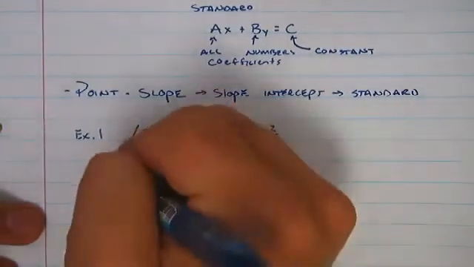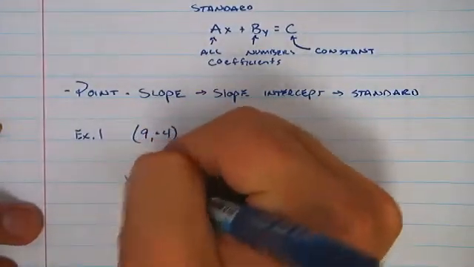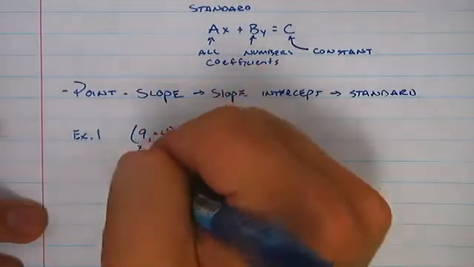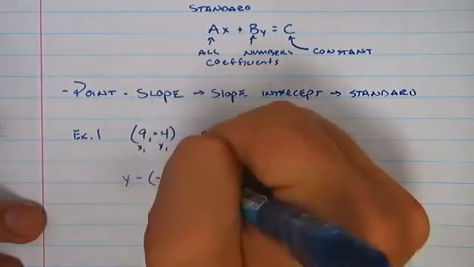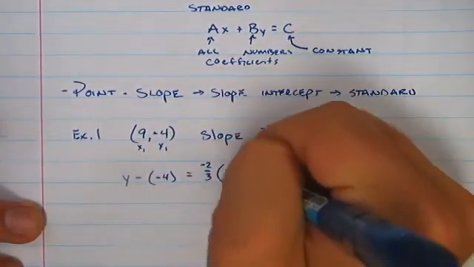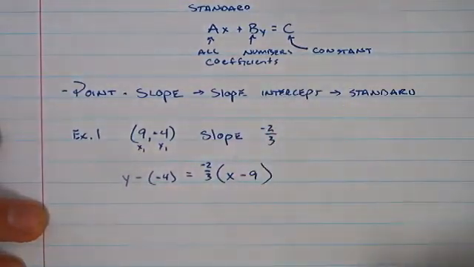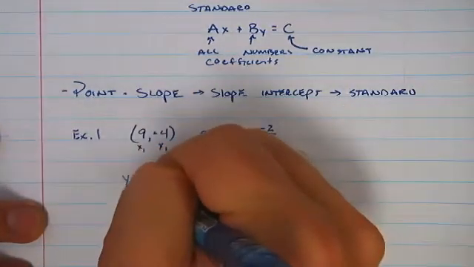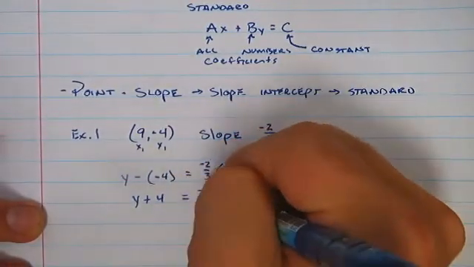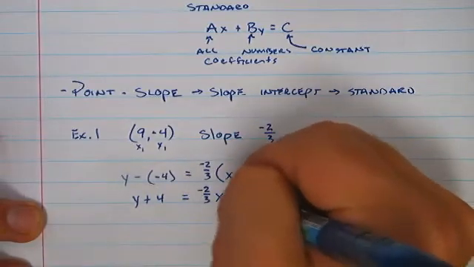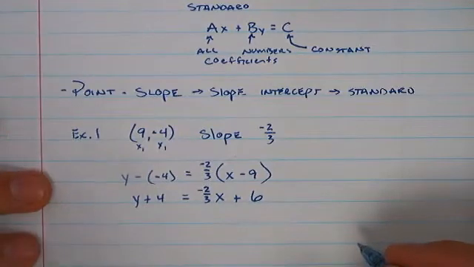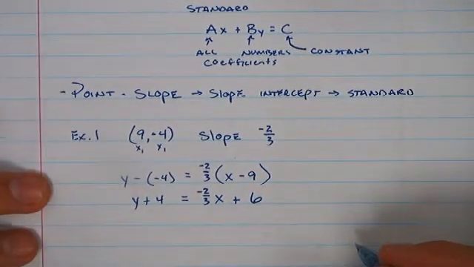All right, so y minus, this is our x1, y1, if you'll remember. Y minus a -4 equals -2/3 times x minus 9. Right, so we have y plus 4 equals -2/3 x, and then that's going to be a plus 6. Right, so 9 divided by 3 is 3, times 2 is 6.